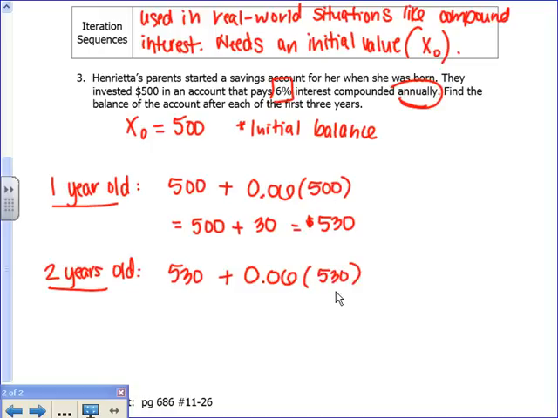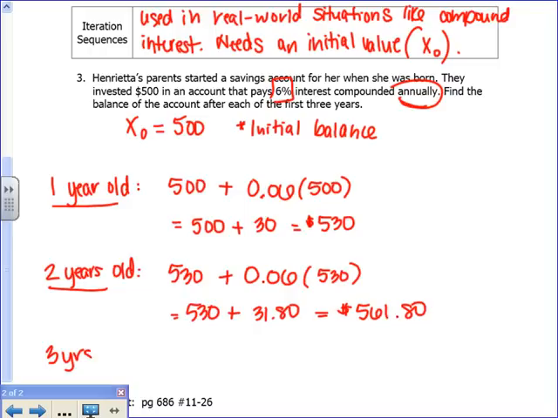These two numbers have changed. Okay, it goes off of the last number we had in the sequence, just like all the ones we had just done. So we have $530, and it's actually going to increase by $31.80 because that's what 0.06 times 530 is. So if we add that together, our new balance now is $561.80. There it is. That's how much she has at 2 years old.